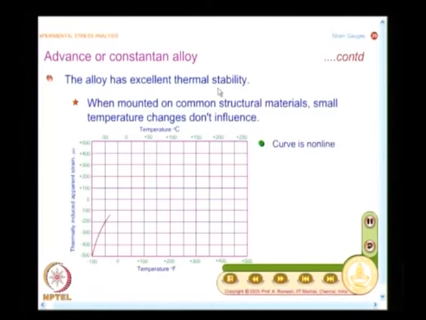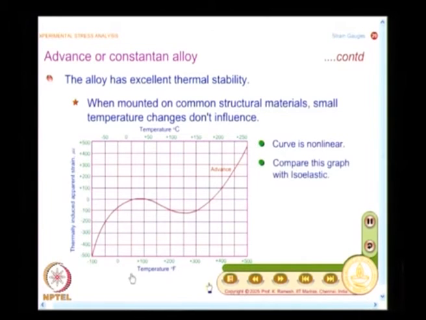In comparison to other strain gauge alloys, it has better thermal stability, and from an engineering point of view, you find the thermal response is highly nonlinear.